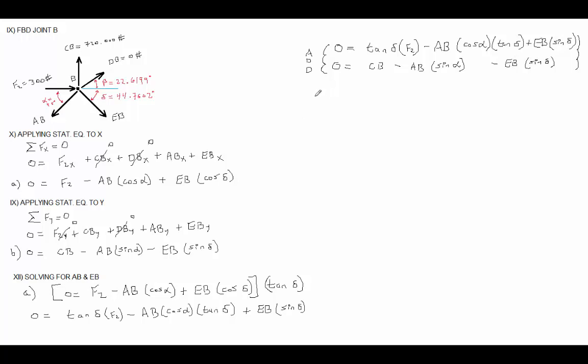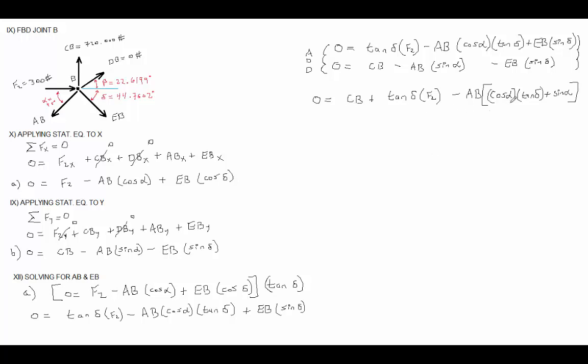So then this equation becomes 0 equals CB plus tangent of delta times F2 minus AB times the quantity of cosine alpha times tangent delta plus sine alpha.